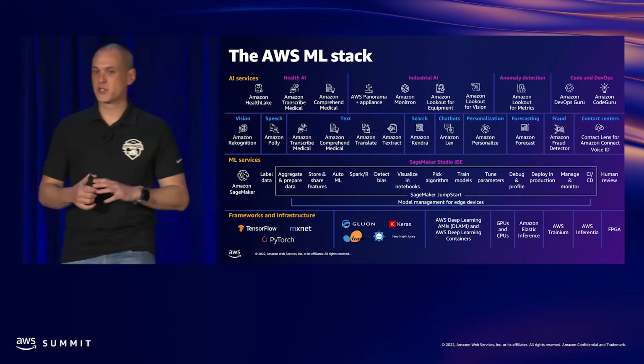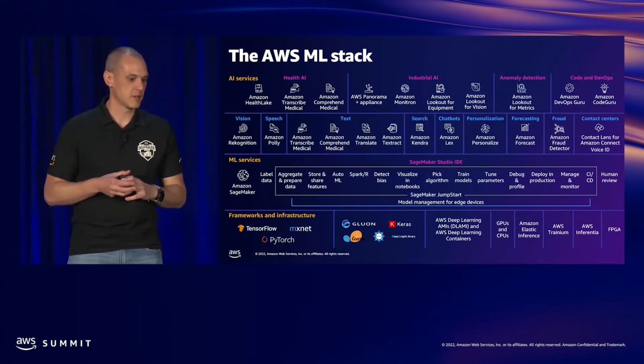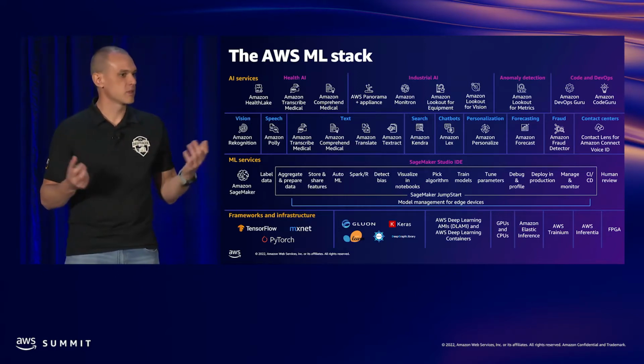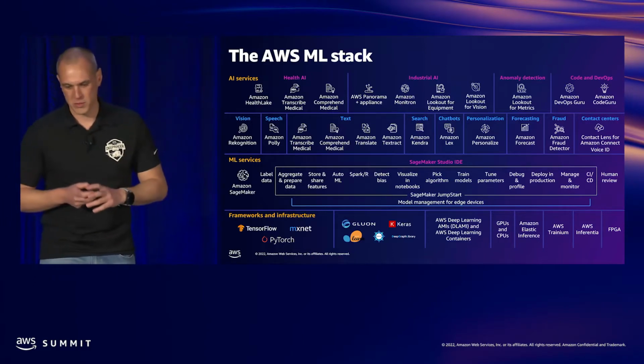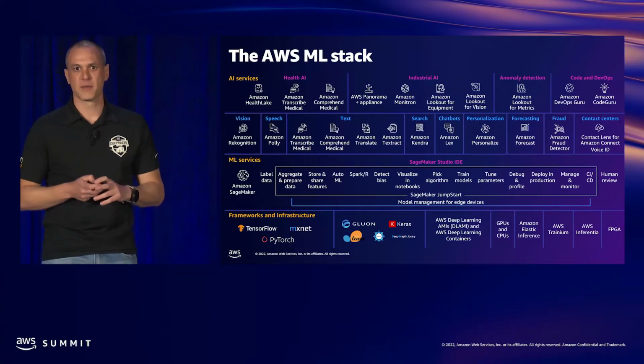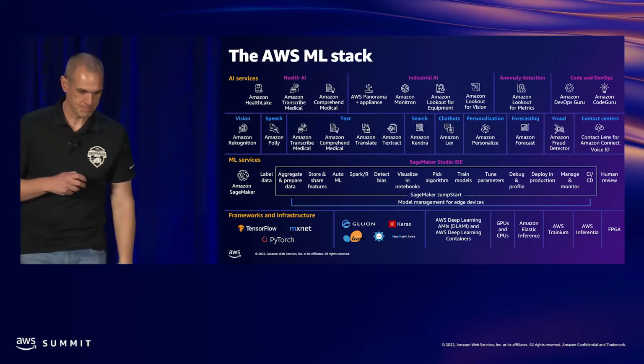These services are already-built, pre-configured machine learning models that you can just implement into the applications you have today, speeding up your time to market as an organization and making it really easy to improve your applications and their capabilities.